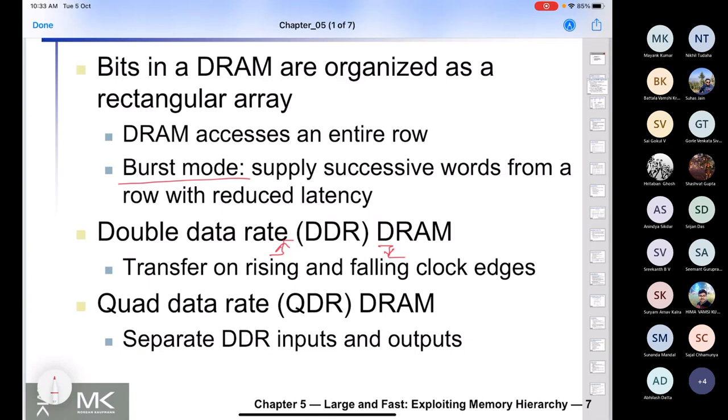Then there is quad data rate. In ordinary DRAMs, it is not possible to perform read and write at the same time, because read and write happen through the same port. Port is the interface of the DRAM circuit with the rest of the system. However, in QDR DRAMs, there are several dedicated ports for inputs and outputs.